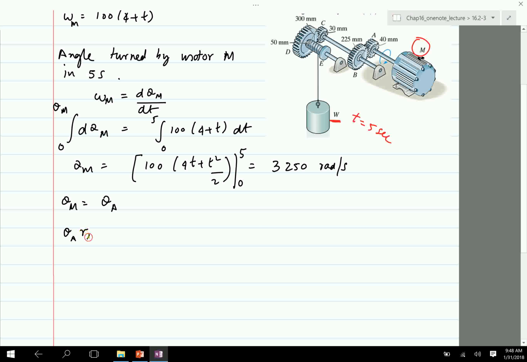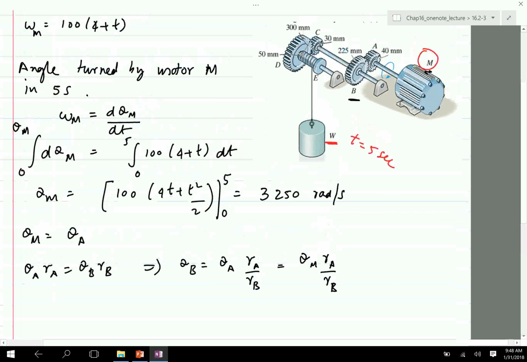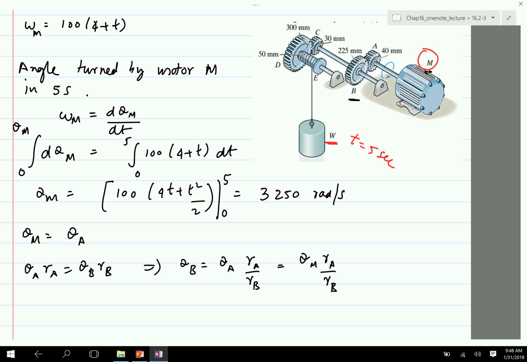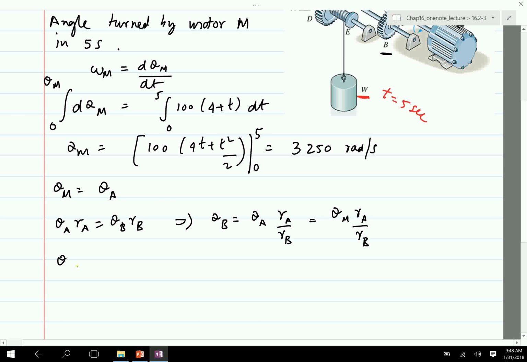Then I need to go from B to C. B and C have a shaft, right? This is a shaft. So the angle turned by B is the same as the angle turned by C, because it's one shaft. So theta C is theta B, which is theta m Ra divided by Rb.